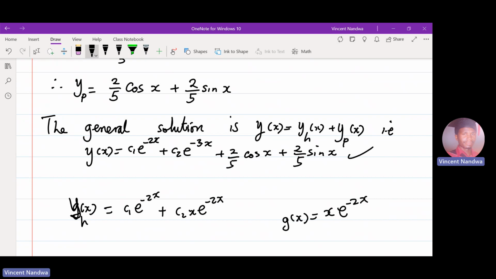What will be the form of the yp? A naught, a naught, x squared, e power minus 2x.